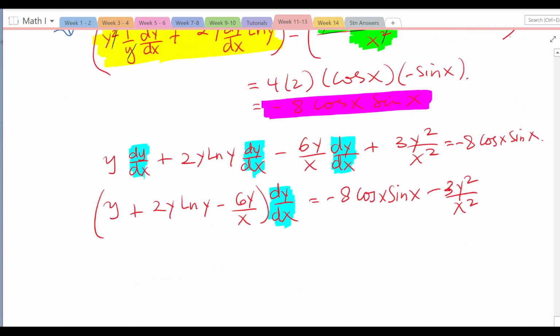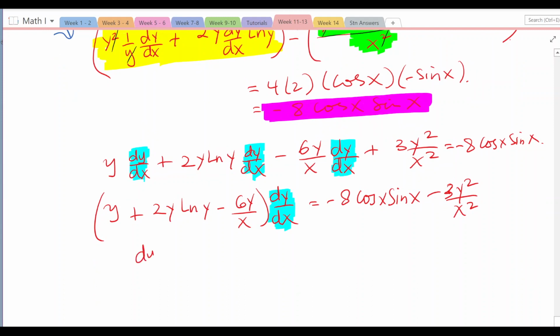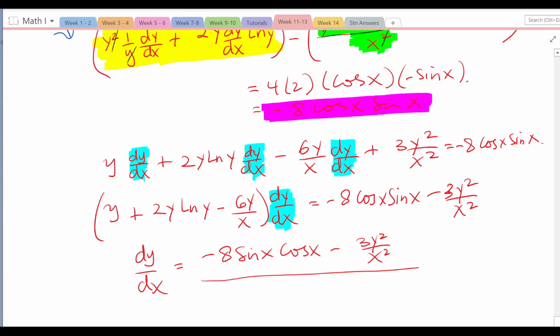Now we can get our solution. dy/dx then equals, well, everything on the top is negative 8 sin x cos x, negative 3y squared over x squared, all over y plus 2y ln y minus 6y over x.